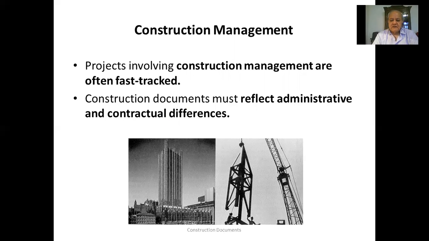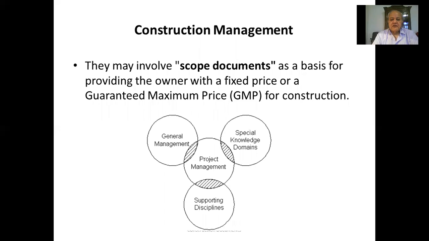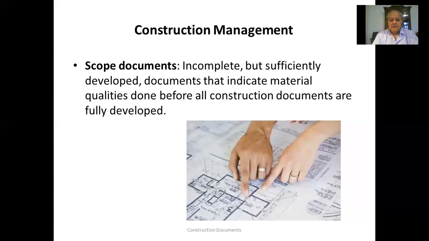It saves time, it saves money, but the process is very hectic. So they control the relationship between the specialists and the owner and the contractors. And in the beginning, they are selected based on what you call scope documents of the project and the work involved and so forth.